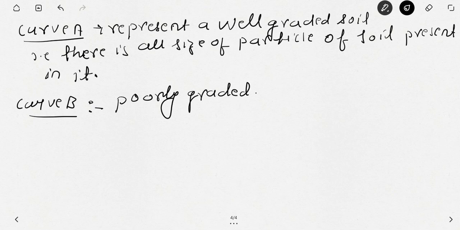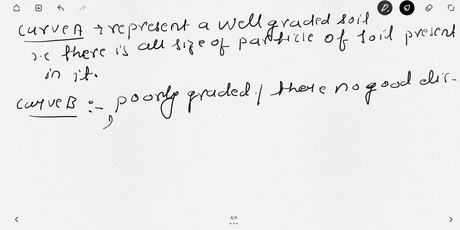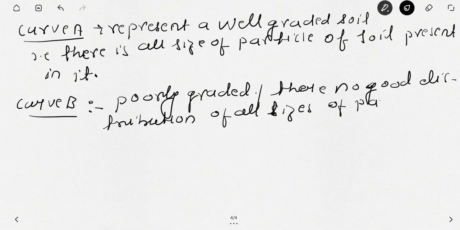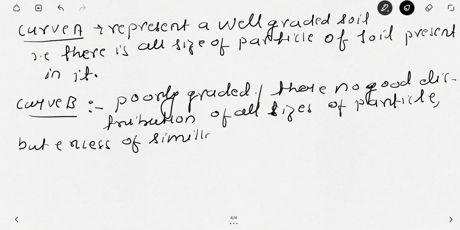Okay, it means there is no good distribution of all sizes of particles, but an excess of similar types. This is poorly graded.